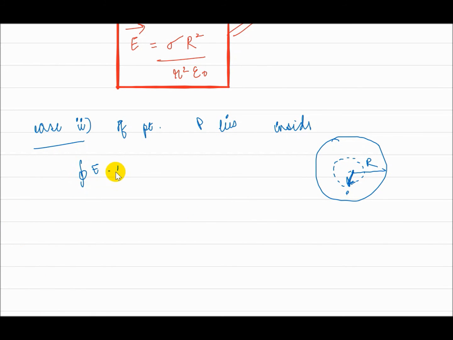So E dot ds is equals to Q enclosed upon epsilon naught, and E dot ds will be equals to 0 upon epsilon naught, as the charge inside the sphere is 0, as it is a hollow sphere. So the electric field turns out to be 0.